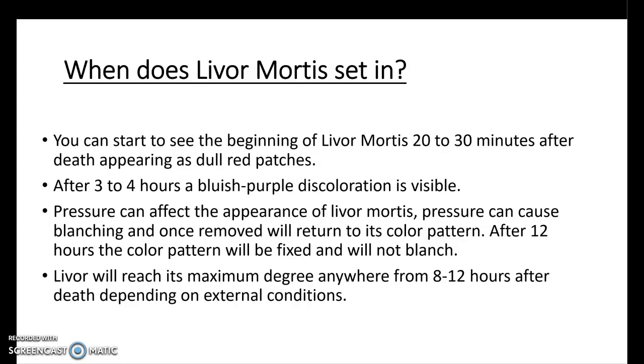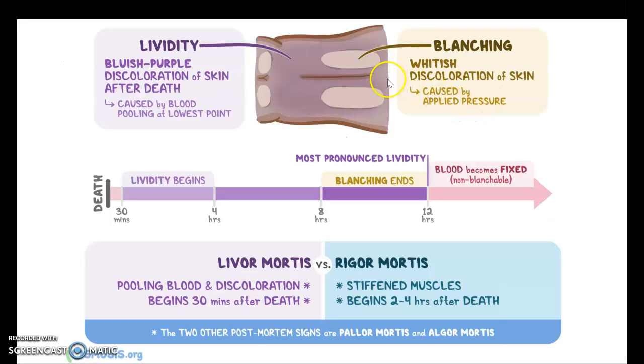That number could be anywhere from 8 to 12 depending on some other factors. Livor will reach its maximum degree anywhere from 8 to 12 hours after death, depending on external conditions. Here's another very good example of that timeline from death: 30 minutes to 4 hours to 8 hours. You can see the little color line and how it becomes a little bit darker the longer it goes along.